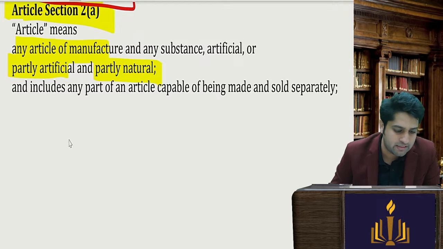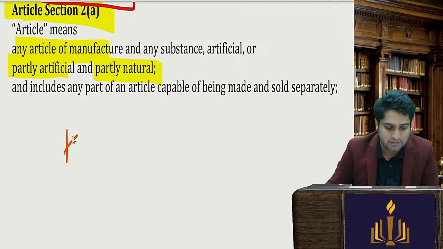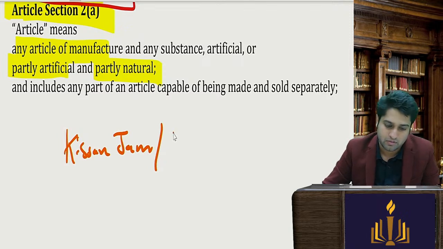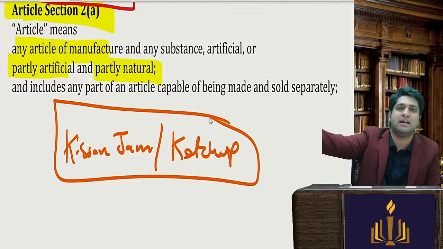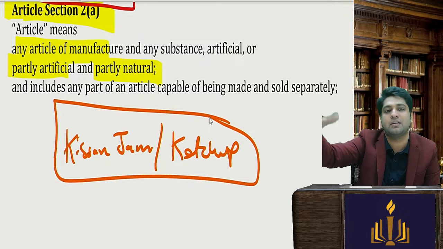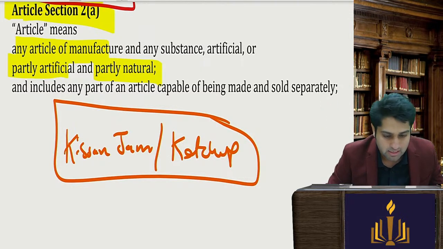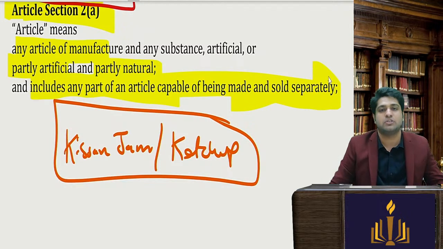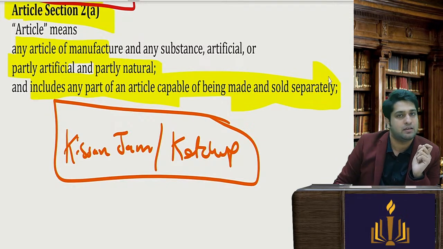Okay, so we can talk of tomato ketchup, if I see the Kisan jam, or tomato ketchup. It might be naturally sourced, then later it gets manufactured and then sold. So that is also covered, and it includes any part of an article capable of being sold separately. So even a part of this which can be sold separately will be covered.